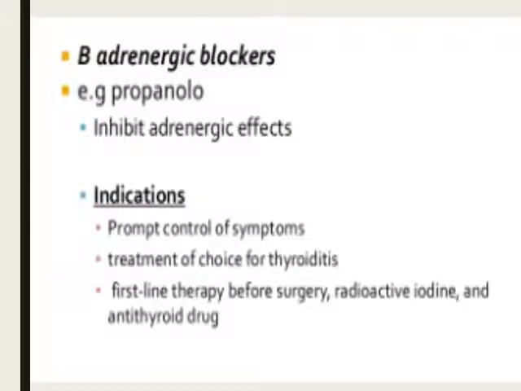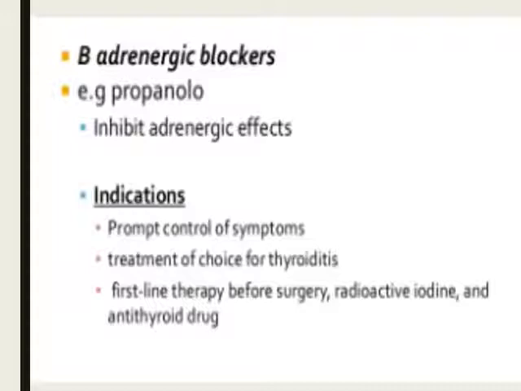Another important group of drugs which is responsible for control of symptoms of hyperthyroidism are beta-adrenergic blockers. Mostly propranolol, with the name of Inderal, is used, but in patients with asthma and respiratory sensitivity disorders, we can choose cardioselective beta blockers.